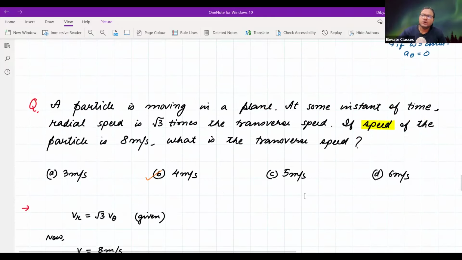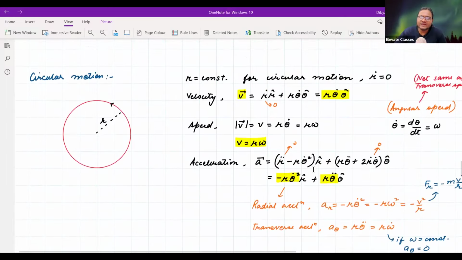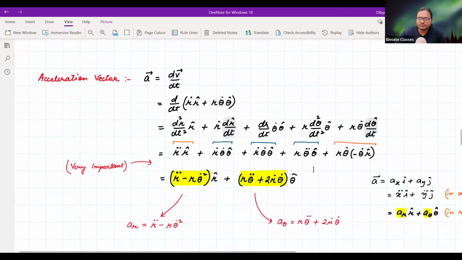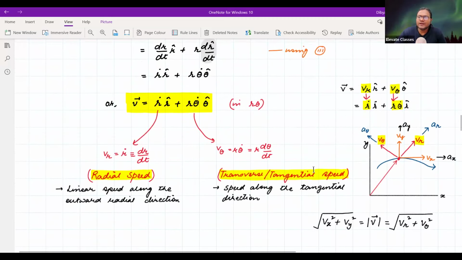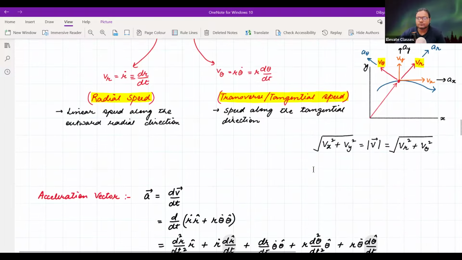And I showed you that when we change the coordinate system, the expressions are slightly different. So for example, in the velocity vector, there is something called radial speed, which is the component along the radial direction, and transverse speed, which is the component along the transverse direction. That is not strictly equal to r dot and theta dot respectively.